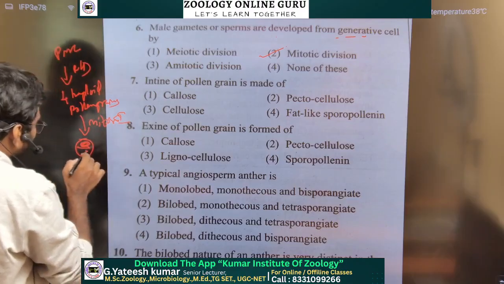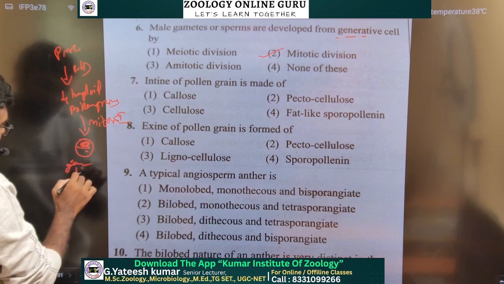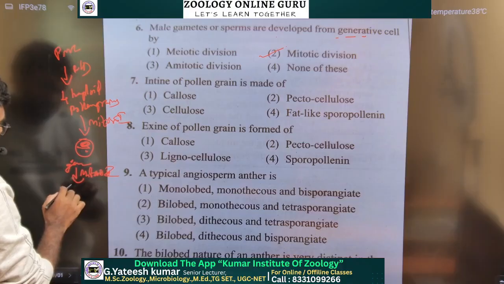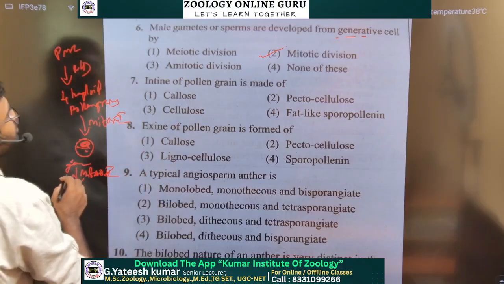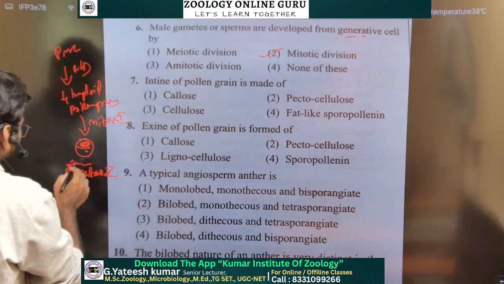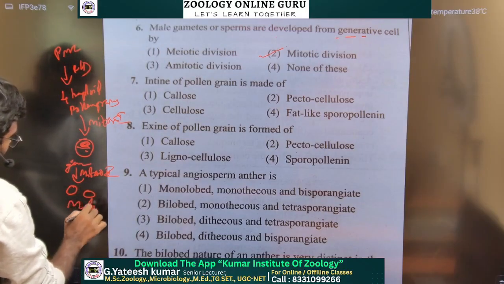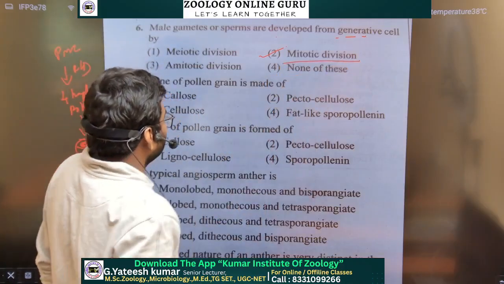This generative cell undergoes another mitosis division, that is mitosis 2, to produce the male gametes. The generative cell undergoes mitosis 2 to produce the 2 male gametes, right? So the answer will be the mitotic division.